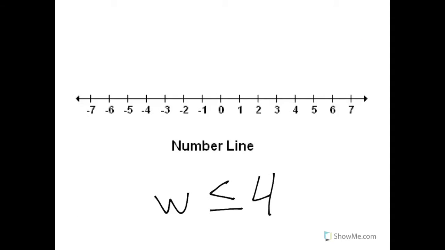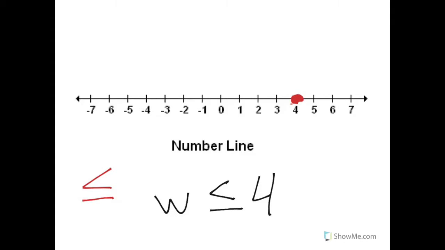If we wanted to chart inequalities on a number line, there's a couple of important things. First of all, this says w is less than or equal to 4. When you have that line underneath, that means or equal to. If I asked you to shade that in, you would start with 4, and you would make sure that it is all the way shaded in.